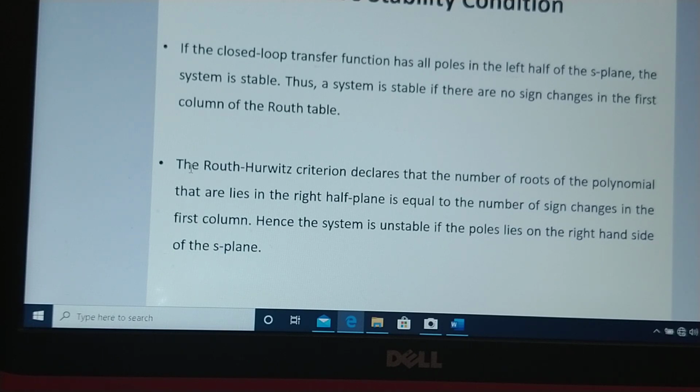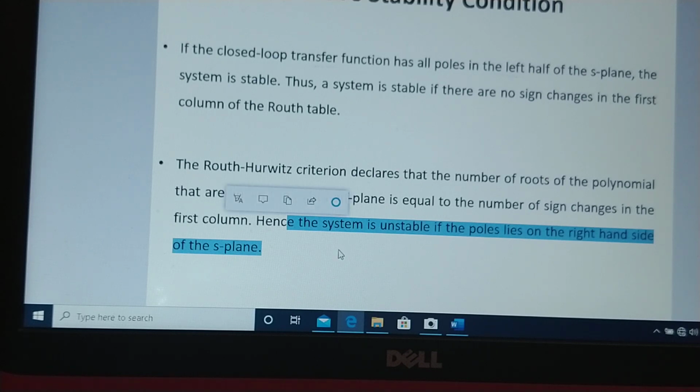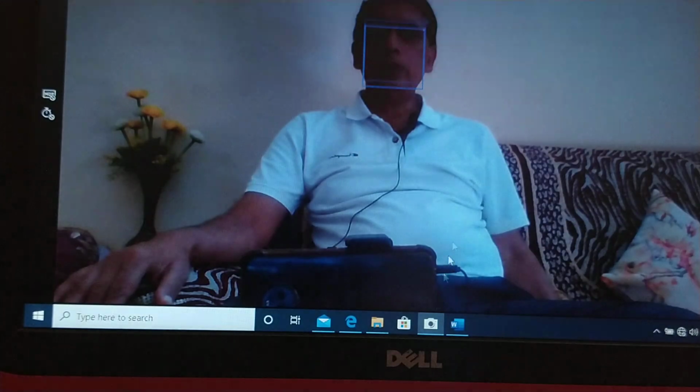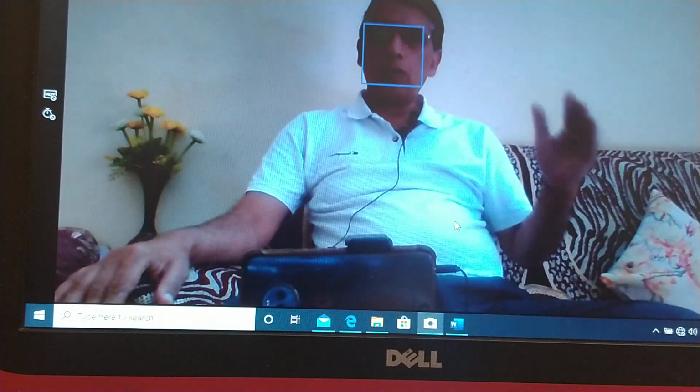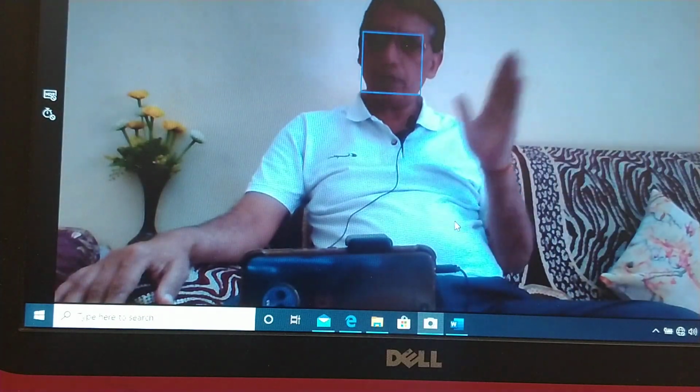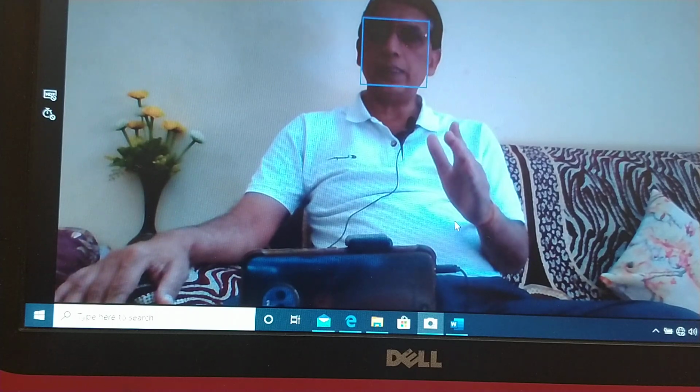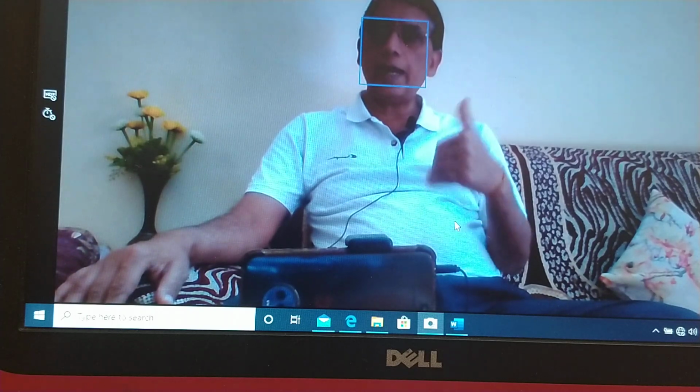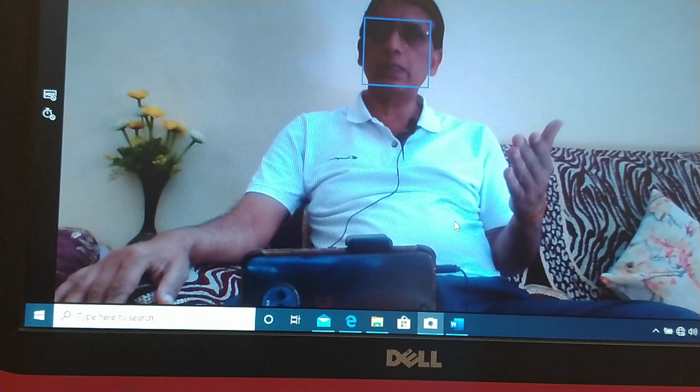Also, the Routh criteria declares that the number of roots of the polynomial that lie in the right half plane is equal to the number of sign changes in the first column. Hence, the system is unstable if a pole lies on the right hand side of the S plane. So you already know that all the poles have to lie on the left half of the S plane, then the system is stable, and vice versa, it becomes unstable.